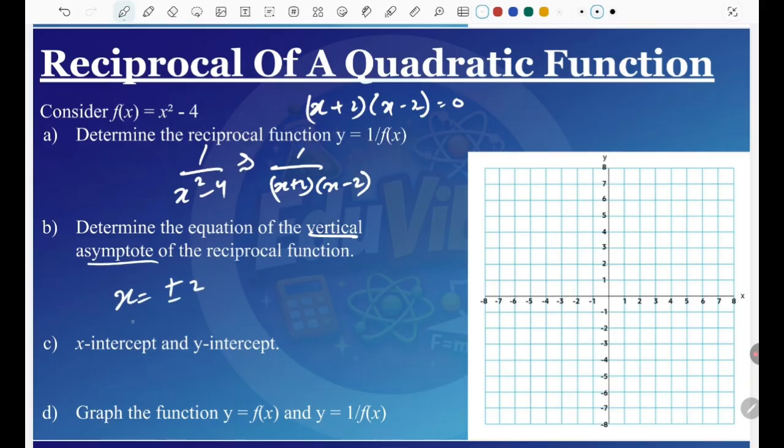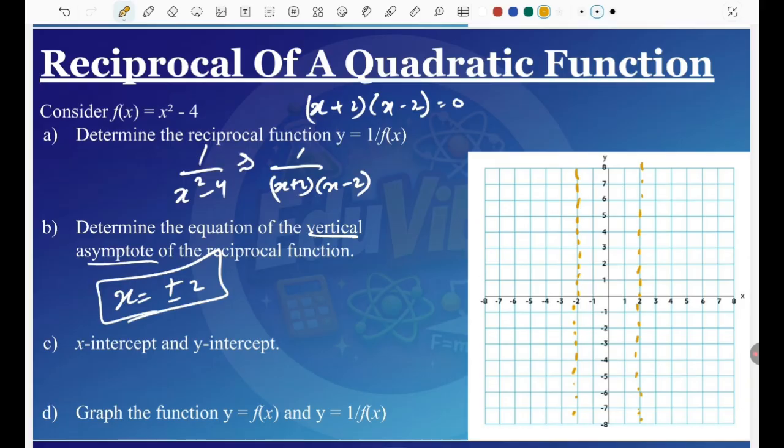So it's plus minus 2. At that point you have asymptotes, at minus 2 over there, at plus 2 over there. So these are the asymptotes of that.